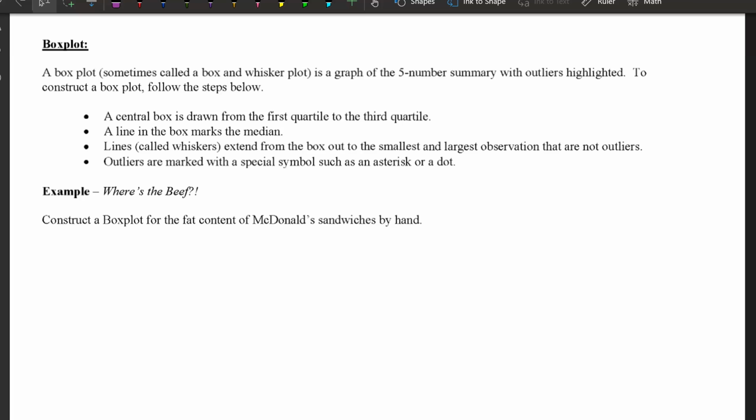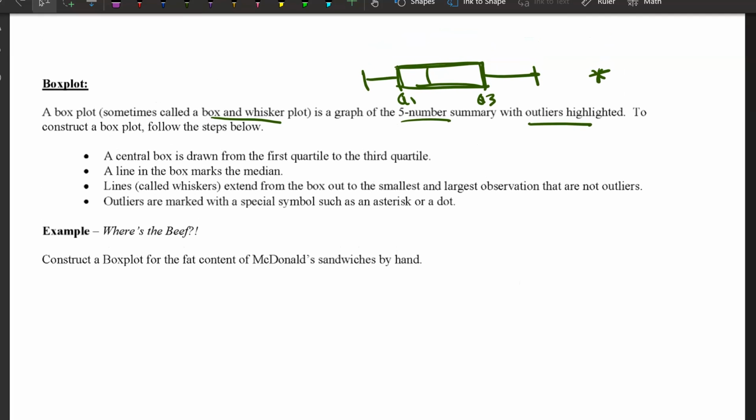So, sometimes called a box and whisker plot. This is a graph of the 5-number summary with outliers highlighted. So you've seen these before, likely. They kind of look like that, okay? So first of all, the central box is drawn from Q1 to Q3. So that box represents the middle 50% of the data.